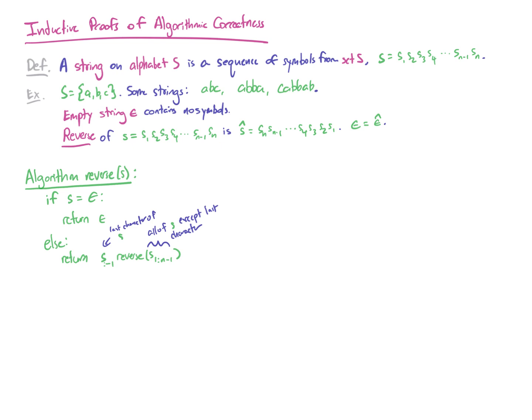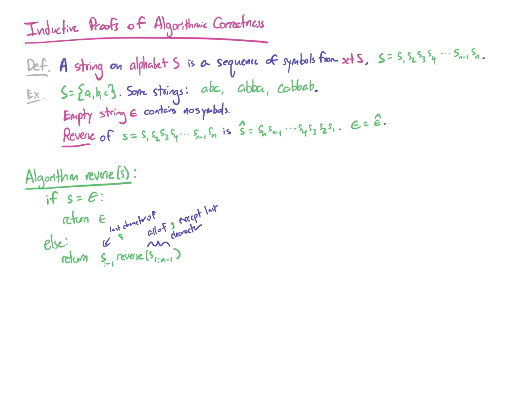So what's going to happen here, we're going to take the last character of s, and then we're going to put that at the front, and then we're going to call reverse again on what's left of s, everything except the final character. And here, you might notice this is a recursive algorithm for computing the reverse of s.